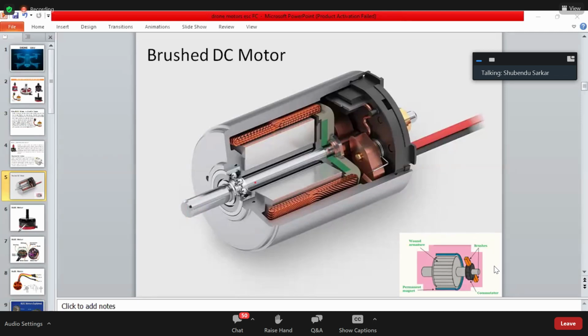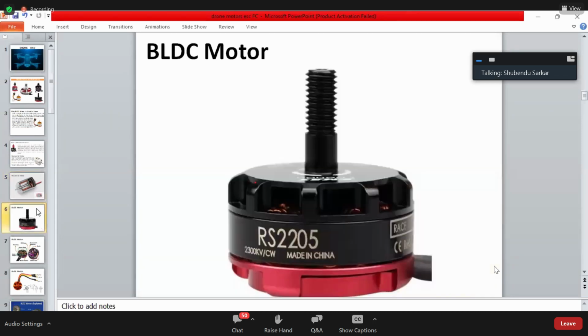Yes, I hope so. But if I am talking about the BLDC, the scenario changes a little bit. Now listen very carefully. First of all, see this shaft. This shaft is not coming from inside the rotor actually, because it is mounted with the body.